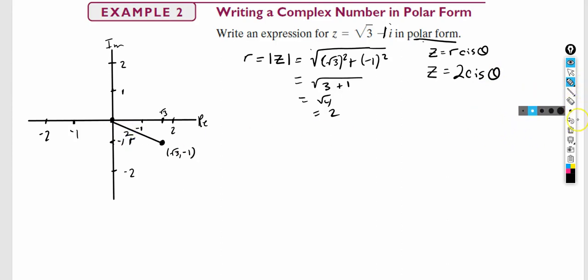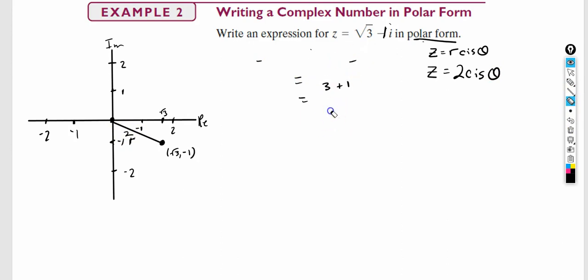And to find the rest of this, I'm going to make some more room now. I'm going to draw a right triangle. Because, well, what is theta? This is going to be my theta.